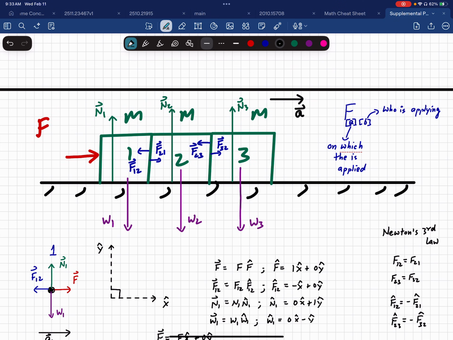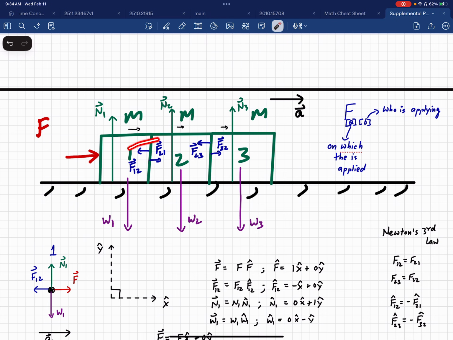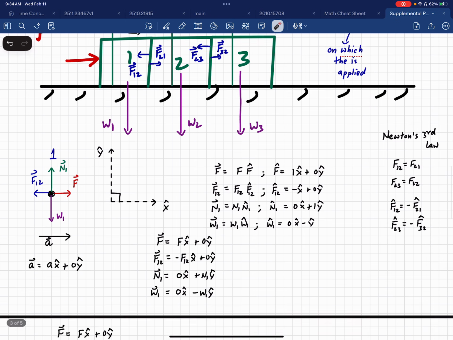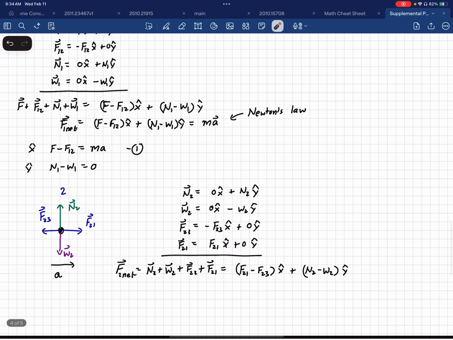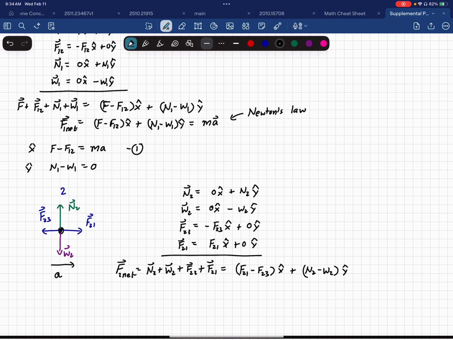When you're applying a force on them, each one of them will be accelerating with the same speed. It's not that this one will try to go forward faster than this one and then this one. Everyone will move in unison with the same rate. Okay, that's why.